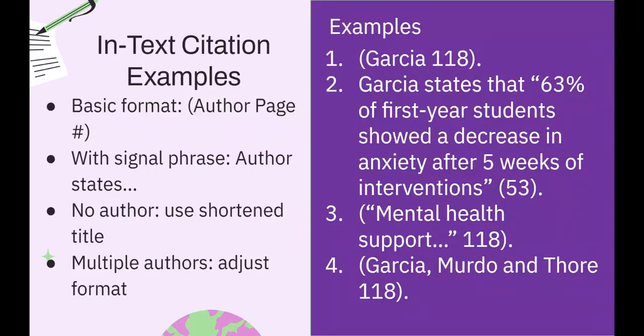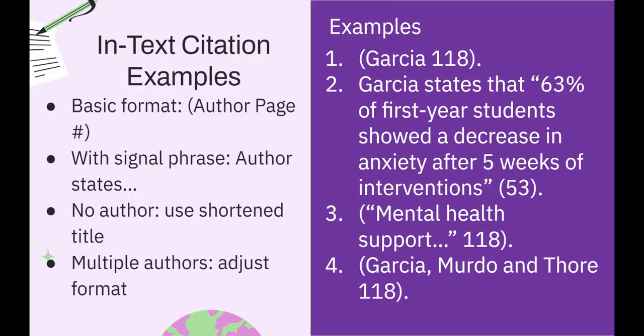The basic format for an in-text citation is the author's last name and page number as seen in example 1 on the right side of the page. However, there are other ways of citing as well. You can use a signal phrase such as "the author states," which you can see in example 2. Notice in this example that you have the author's name before the quote, so you do not need to state it again in the in-text citation. Just include the page number.